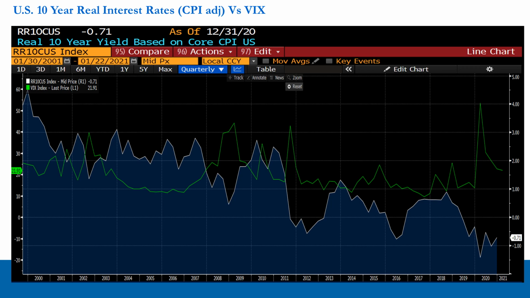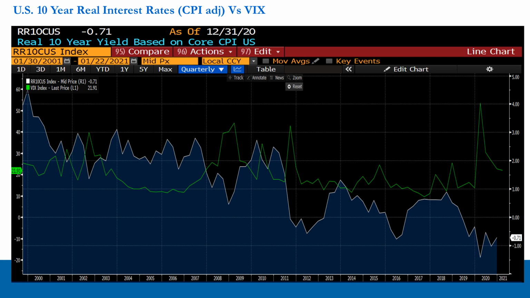If we look at US 10-year real interest rates, so nominal rates adjusted for CPI, we've charted this against the VIX, which we'll come on to later. But you can see, if you look at real interest rates in 2019, and you're looking at the right-hand axis here on the chart.